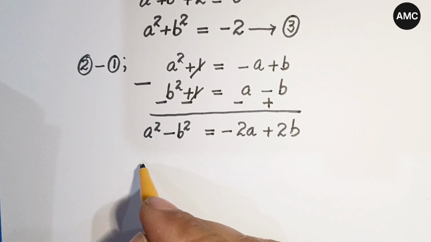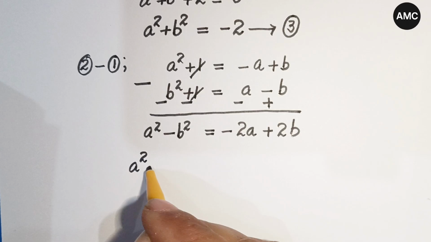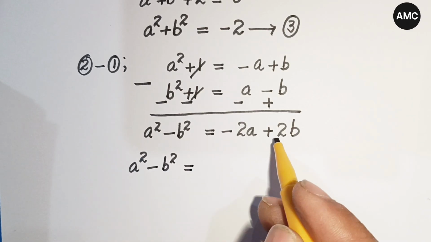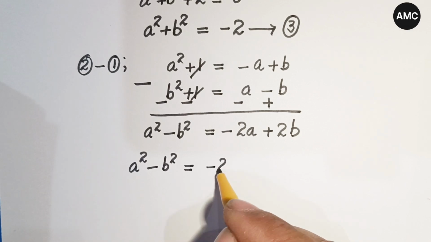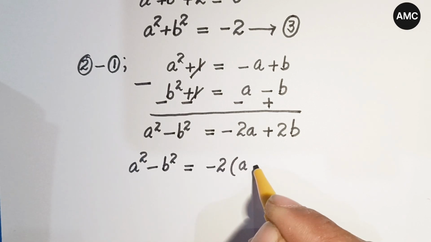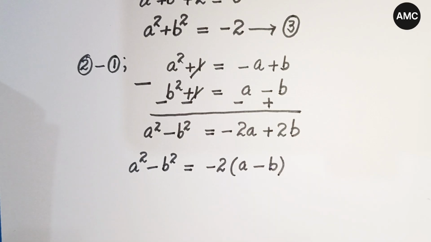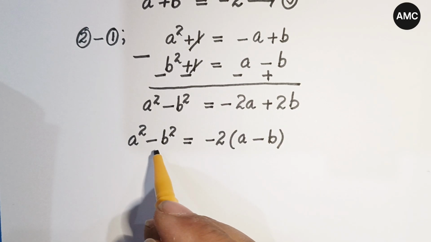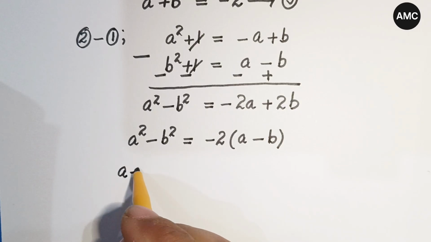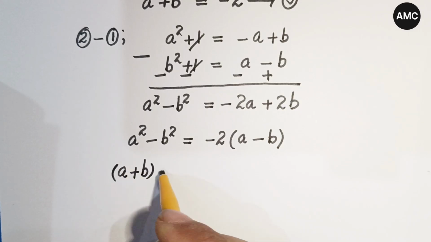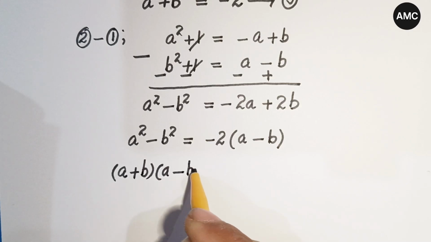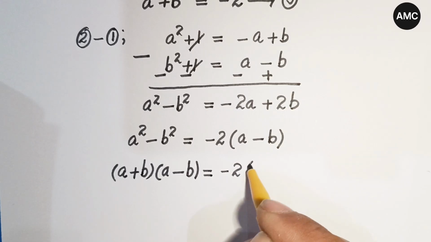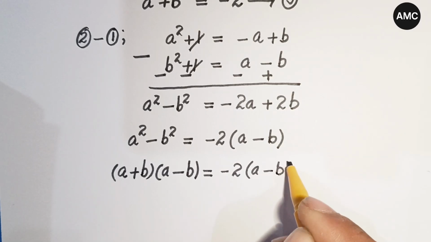Now our next step will be a squared minus b squared is equal to, we can take minus 2 common, so inside the bracket we get a minus b. Now we can factorize a squared minus b squared into a plus b times a minus b, which is equal to minus 2 times a minus b.